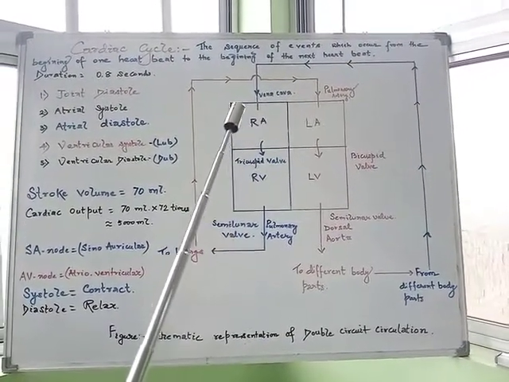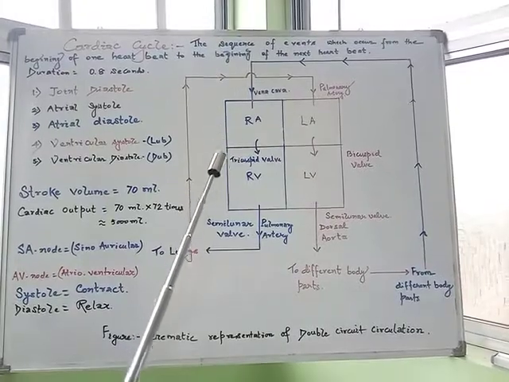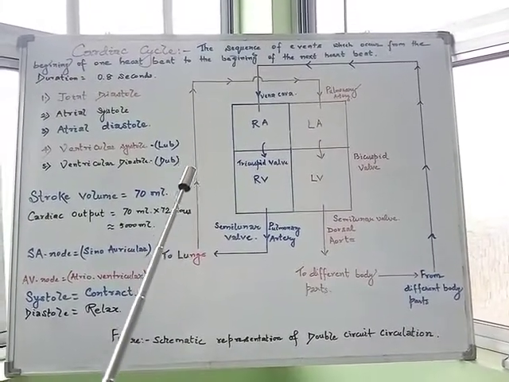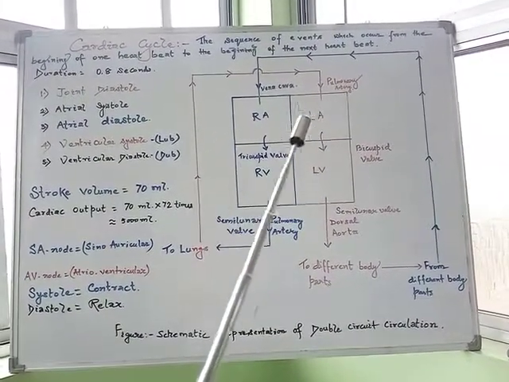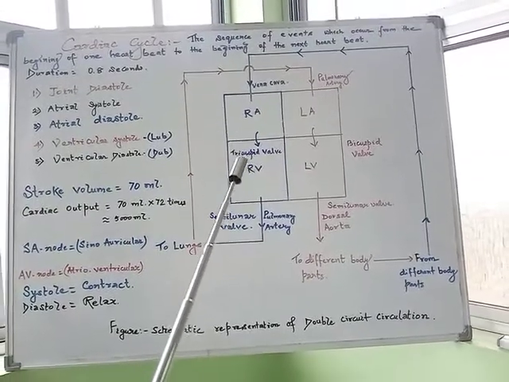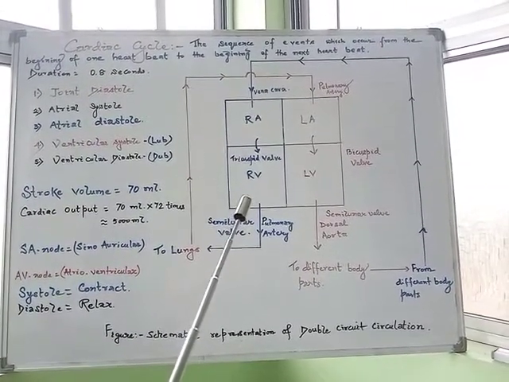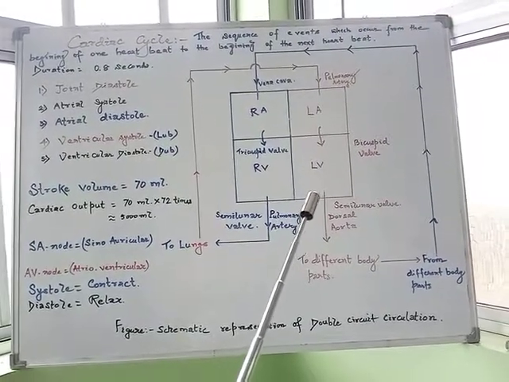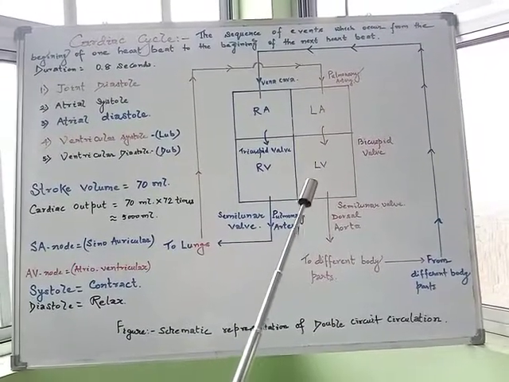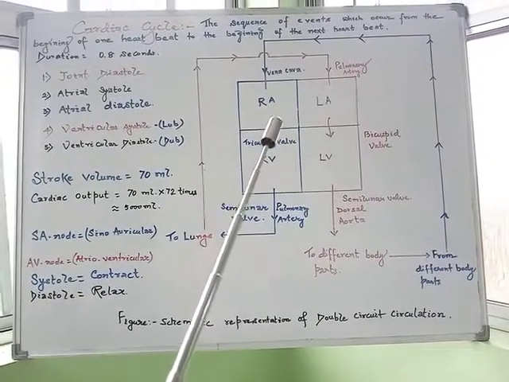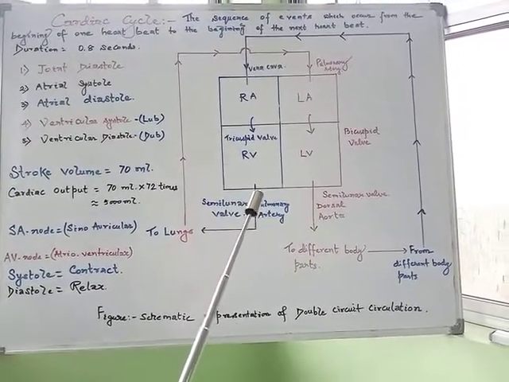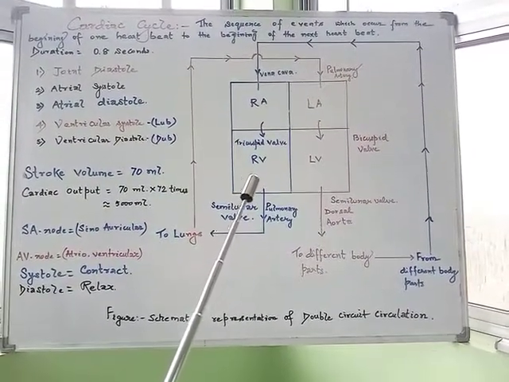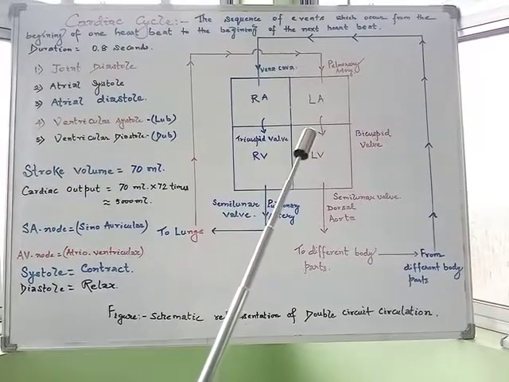And 70% of the blood flowing within the atria also moves slowly from the left auricle to the left ventricle, and from the right auricle to the right ventricle, through the open atrioventricular valves.